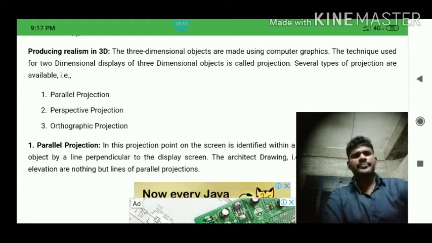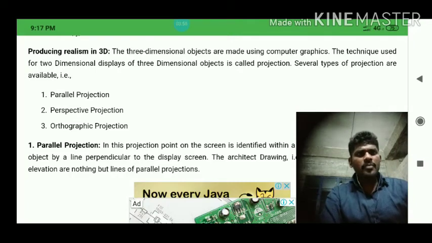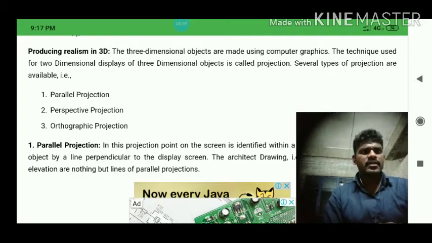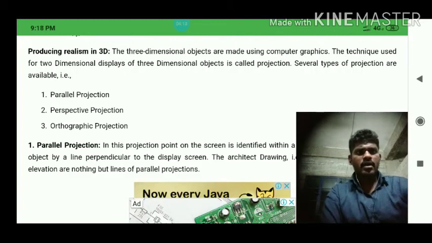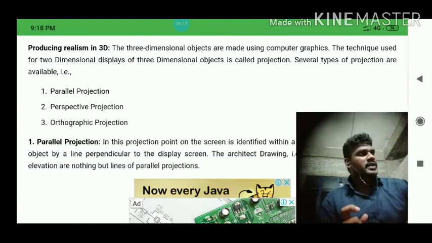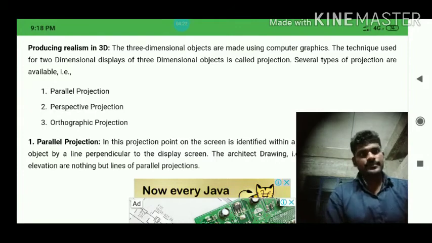Because three-dimensional objects are there, we couldn't draw those three-dimensional objects exactly using the three-dimensional x, y and z axes. It's not possible. So when it is not possible, we use a technique to draw the 3D objects and represent that object in a 2D form.